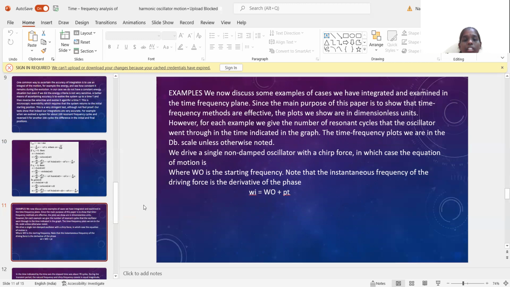We drive a single non-damped oscillator with a chirp force, in which case the equation of motion is given, where W0 is the starting frequency.